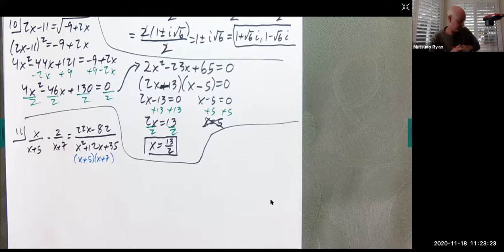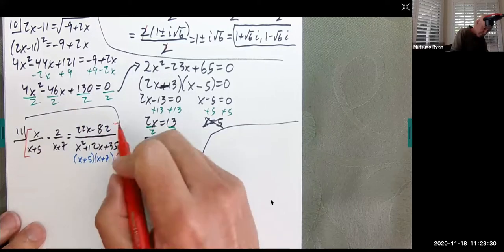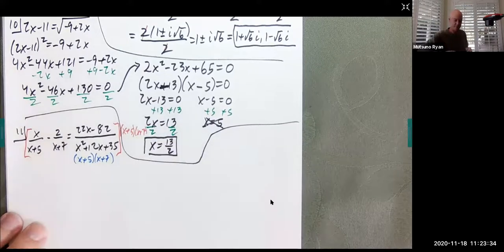So because I have an equation, I can multiply both sides of the equation by the LCD, which in this case is x plus 5 times x plus 7.